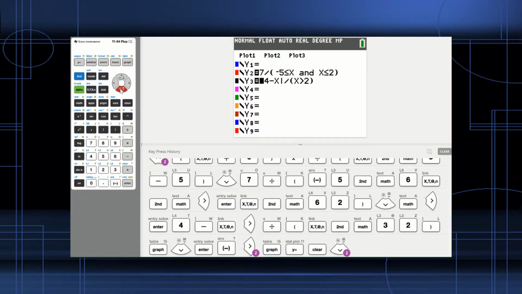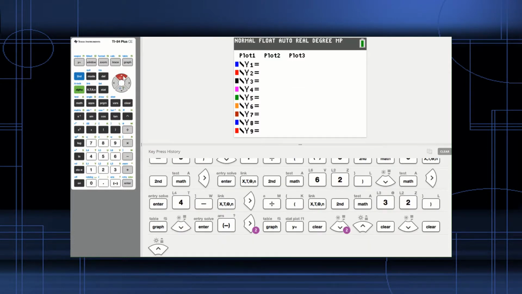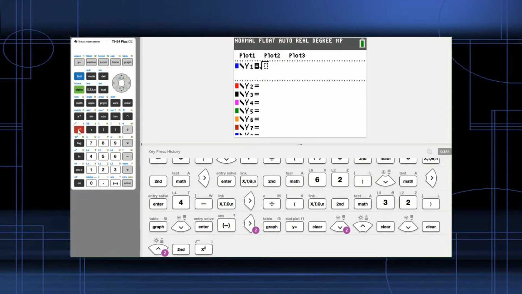Let me clear out what I had done earlier. In Y1, I hit second x squared, which gives me the square root, and it was x over 11.